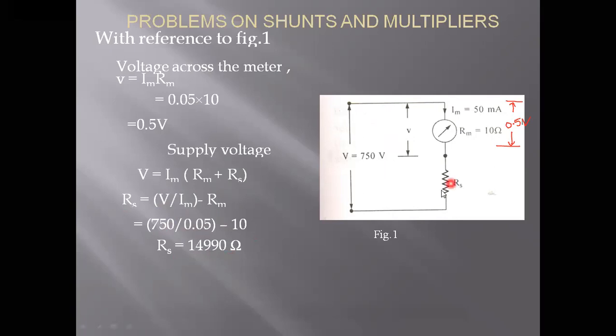If you connect a multiplier having resistance 14,990 ohms, then the meter will have full scale deflection for the voltage value 750, which means the meter is ready to measure voltages from 0 to 750.